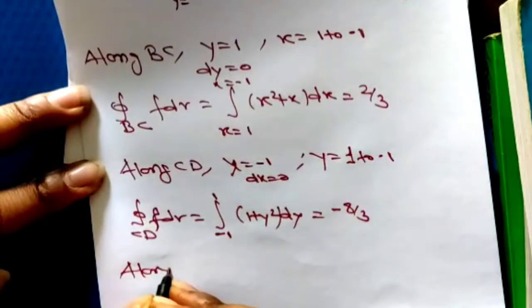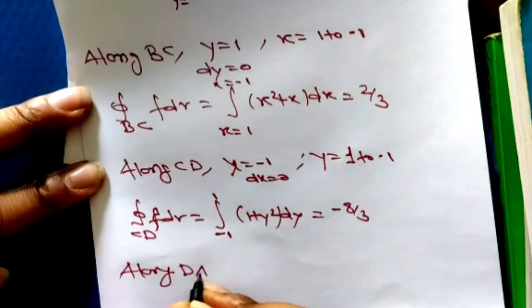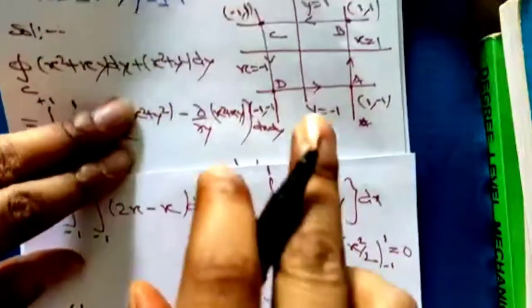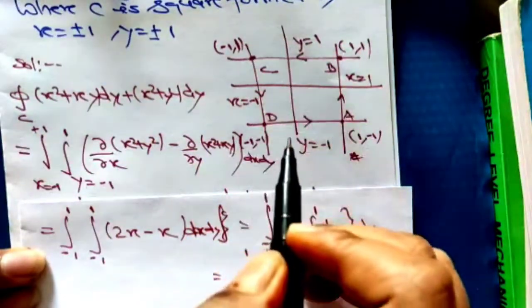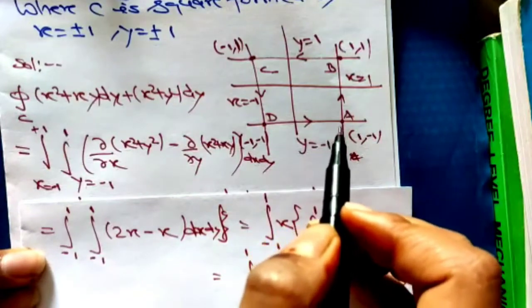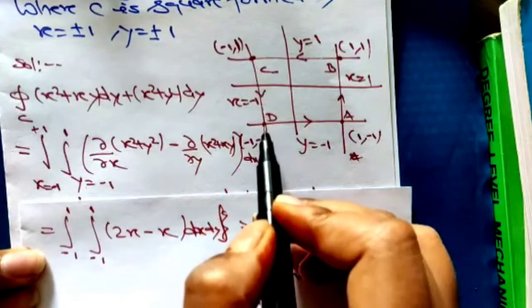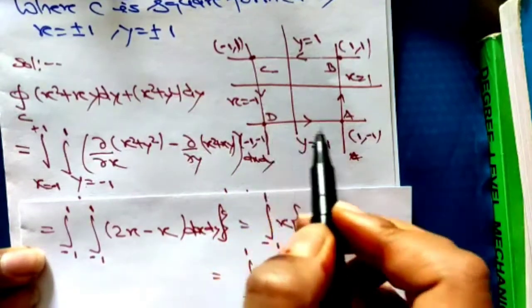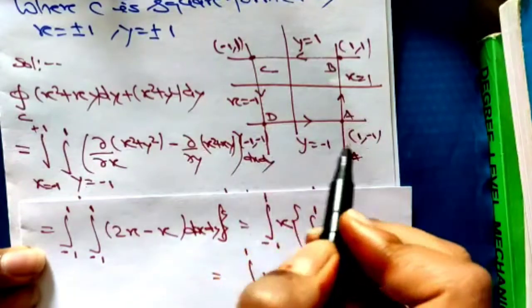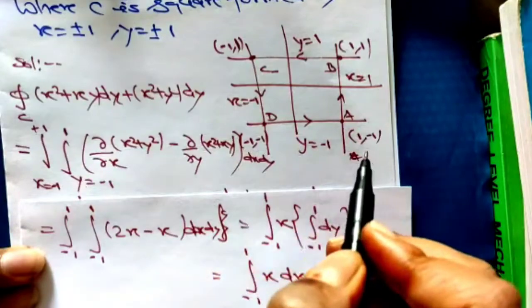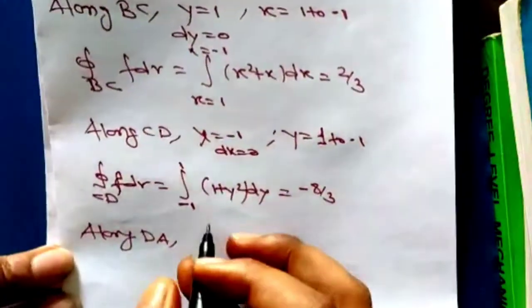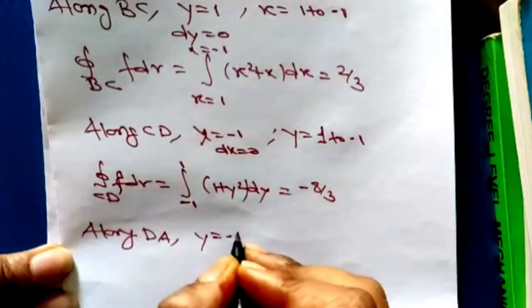Likewise, we solve along DA, and we are doing it in the anti-clockwise direction. Don't dare to do it in the clockwise direction, okay? This will be wrong. So now we are solving for DA. The coordinate y is constant, so y is equal to -1 and x is changing from -1 to 1.